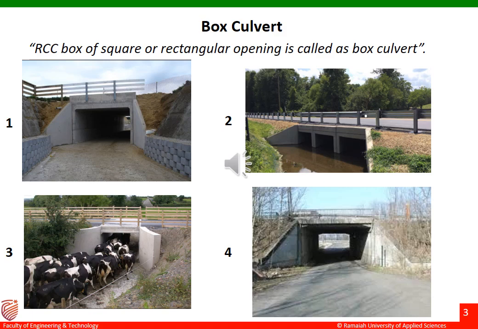These culverts are preferred when you have a low magnitude of discharge and a low soil bearing capacity, that is, a very weak soil. In such cases, compared to the other types of culvert, the box culvert is considered more economical.